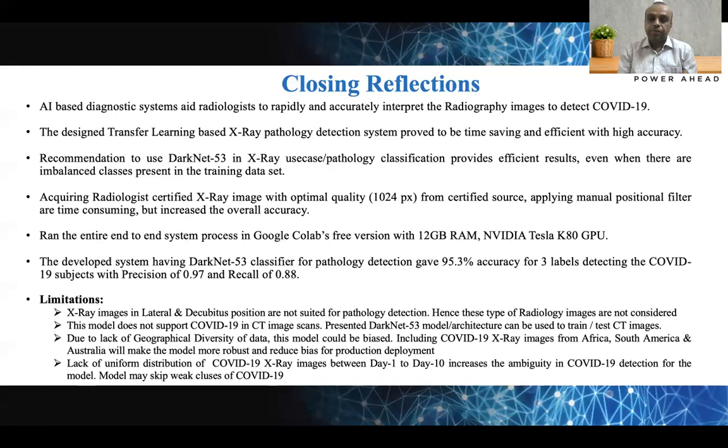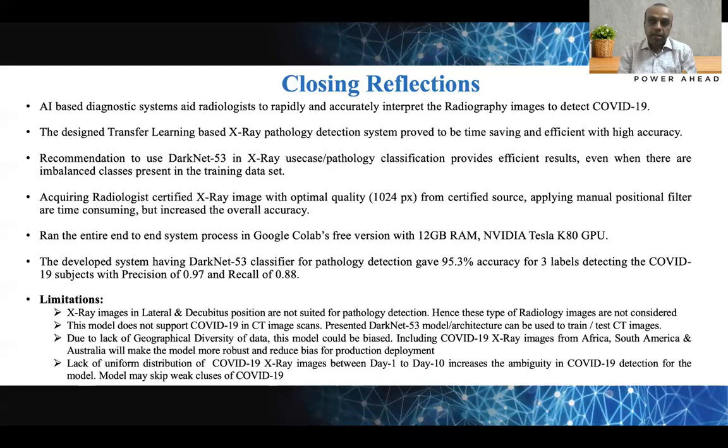Some limitations of this model is it is trained to see both the lungs. So when you're providing only one lung information, the model may perform very poorly. Secondly, this model is not trained on CT images, but we can use the same architecture to train on CT images, and we could use the same model architecture to detect COVID in CT scans as well.